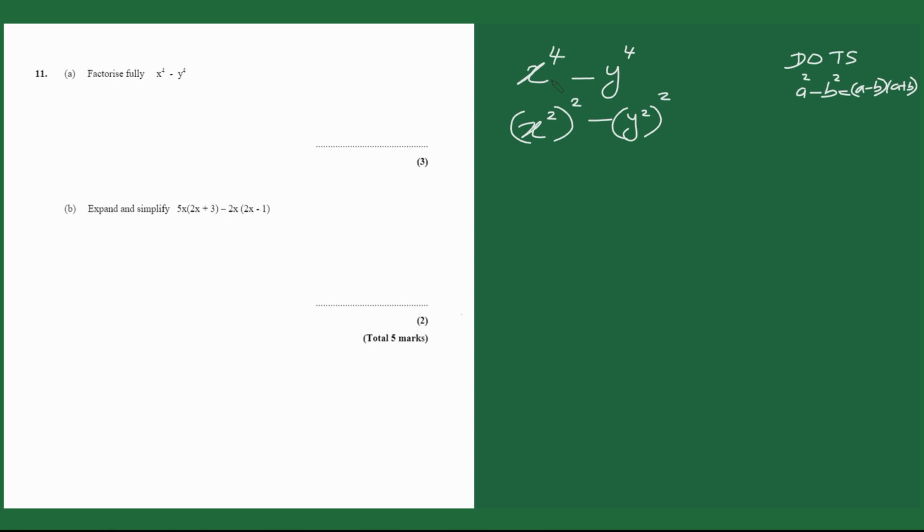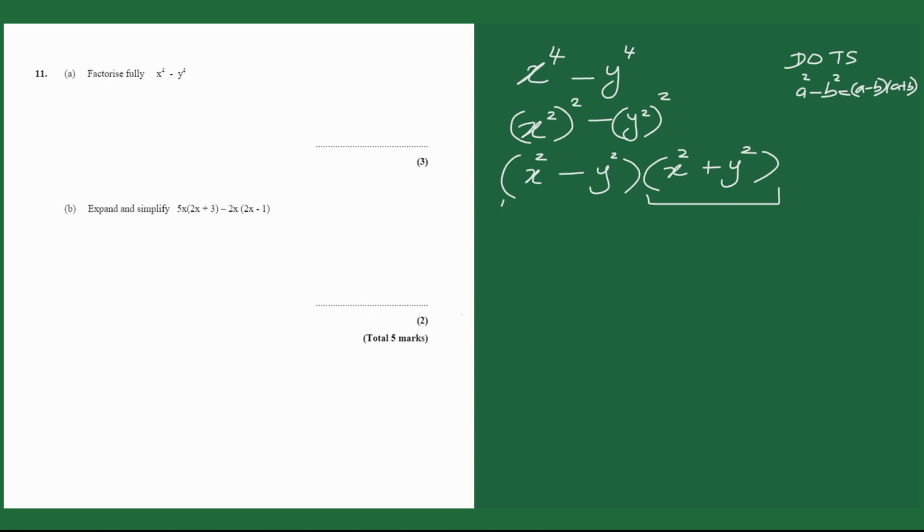because of the index rule, 2 times 2 is 4. So x squared to the power 2 is x to the power 4, can be written as x squared squared minus y squared squared. So this can be written in two brackets, which is x squared minus y squared, x squared plus y squared.